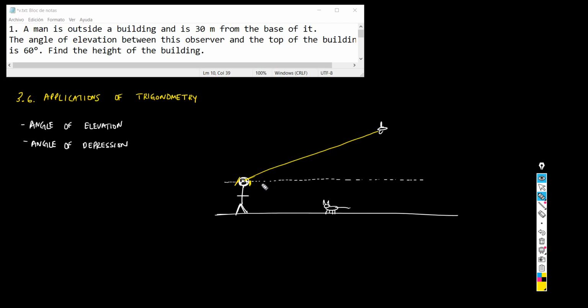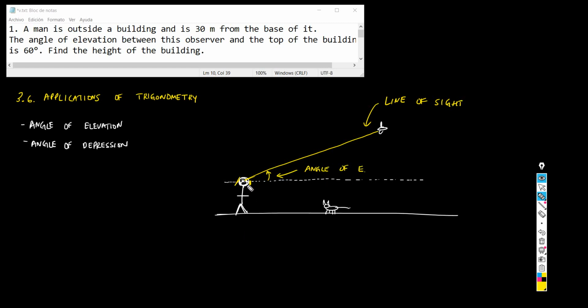You see, this is the horizontal, this is the line of sight, and this line of sight makes an angle with this horizontal, which is this angle. This is what is known as the angle of elevation. I'm just gonna write that.